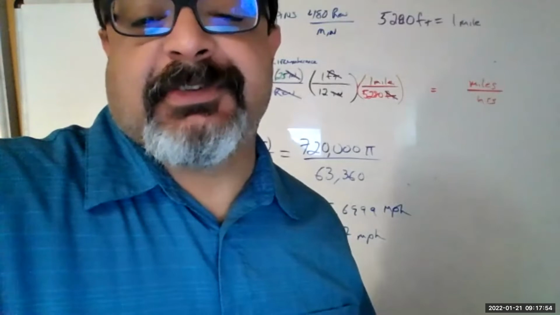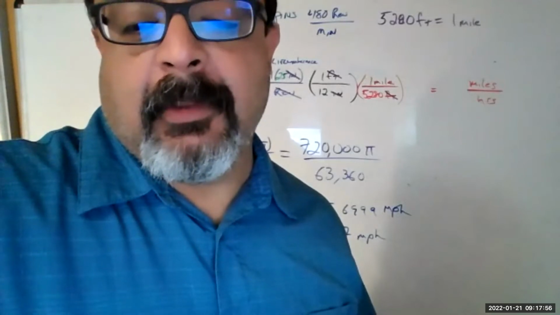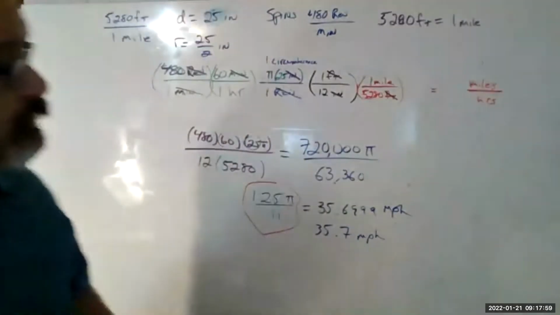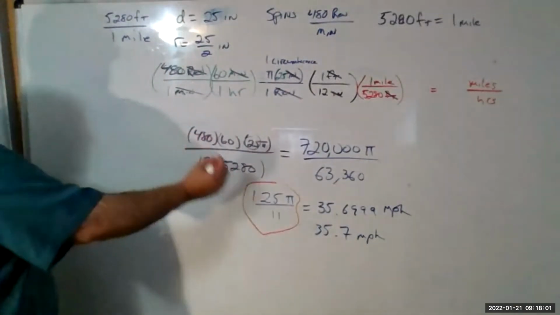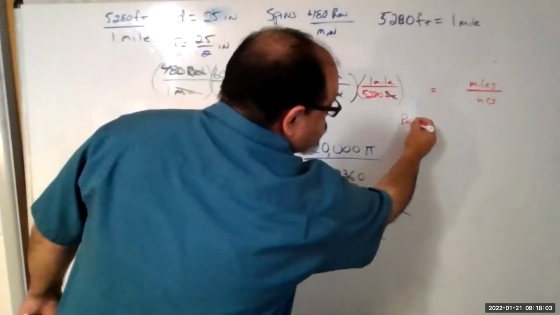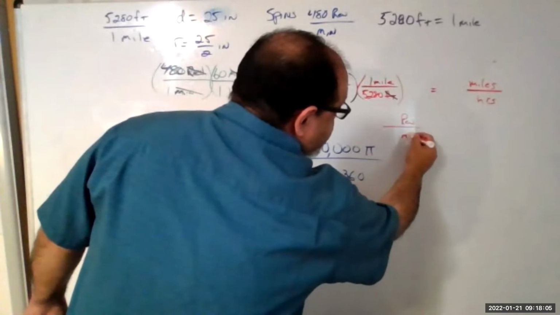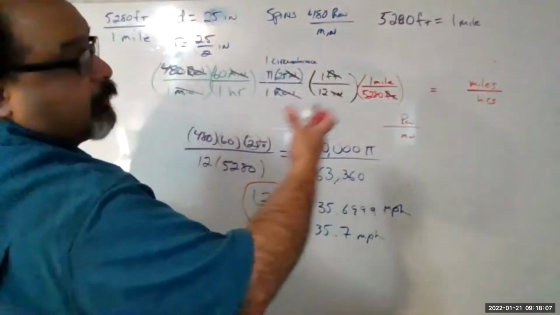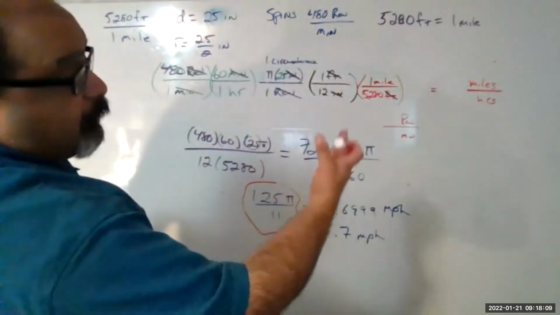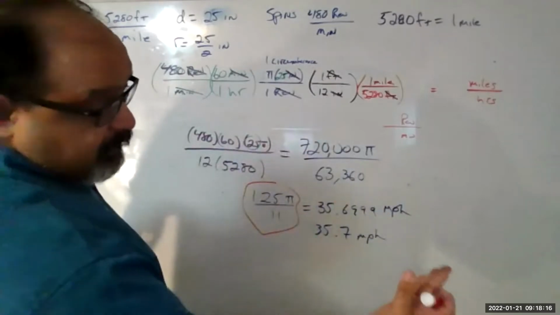Yes. And that's basically, if you have revolutions every minute, and what you want is to get rid of revolutions and just have angular speed. So how many radians every minute?